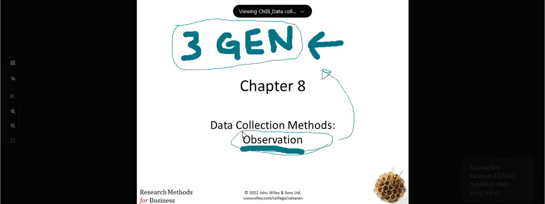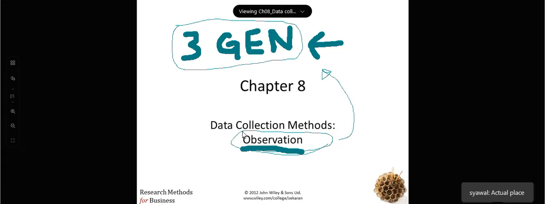Okay, Norishkin Kasman kata dapatkan data yang tepat. Lagi? Ada lagi tak? Okay, actual place for R&D. Syawal say actual place, for R&D. Lagi ada tak? Yang common sense, mengapa kita perlukan melihat barang, mengapa kita perlu pergi ke tempat tersebut dan mengapa kita perlu melihat suasana yang berlaku di tempat tersebut.